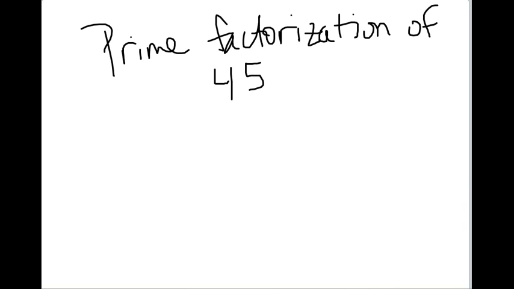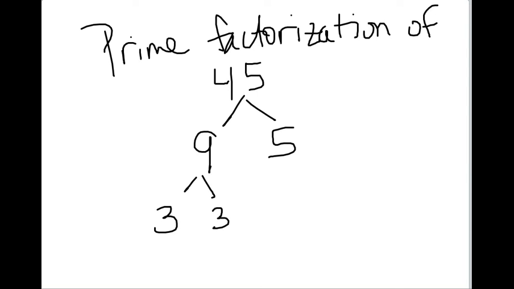So now let's do the prime factorization of 45. Well, 45 is 9 times 5. 5 is prime, so I'm going to stop there. 9, however, is 3 times 3. So now for the prime factorization, remember I'm going to do exponential form, and I'm going to use my prime factors as the base.